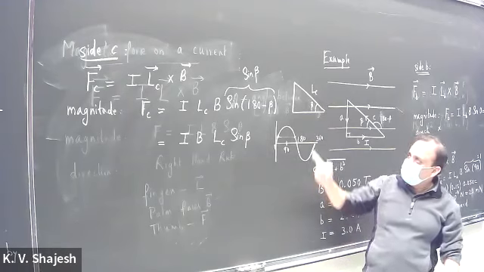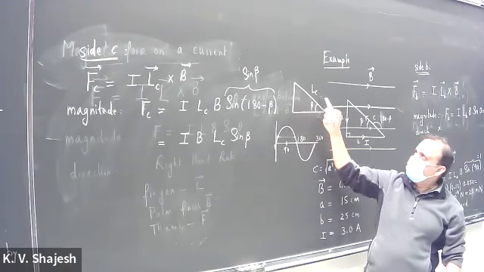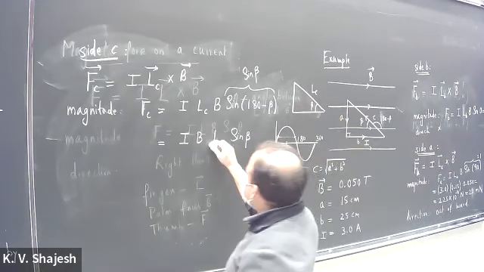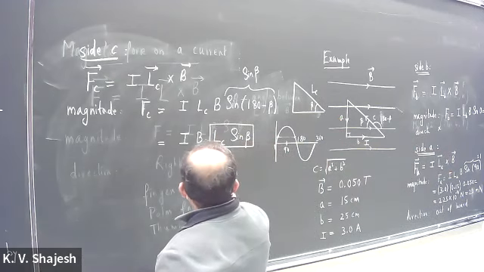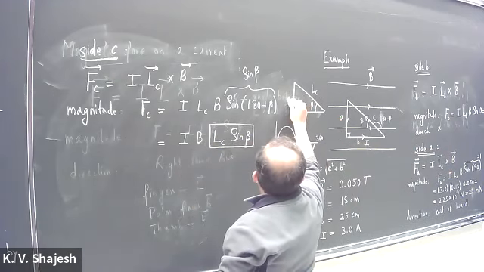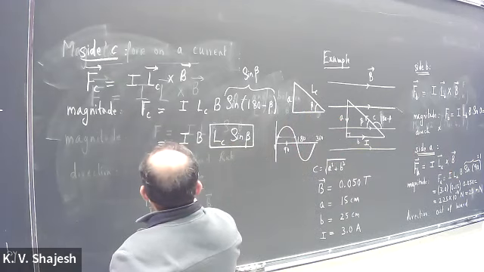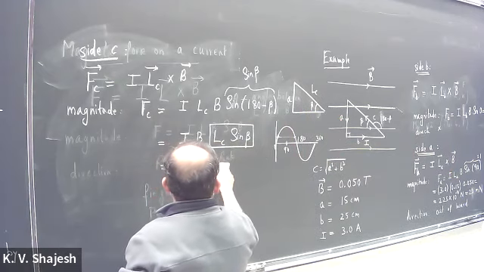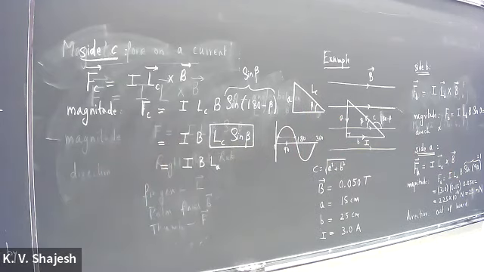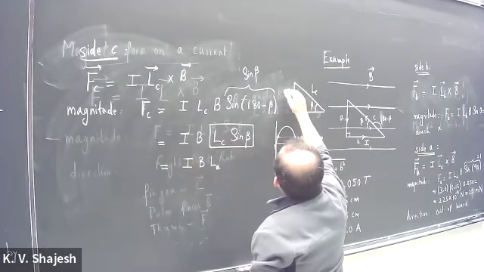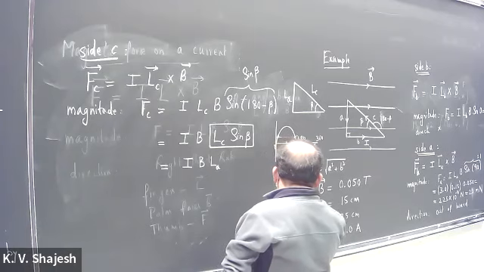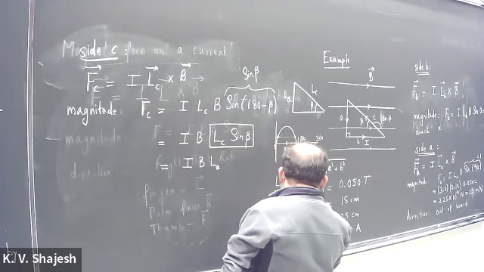So the hypotenuse times the sine of beta is actually the opposite side. That will be your side A. So this is the same as I times B times LA. Is that clear? LA over LC is sine of beta, which means that LA is equal to LC times sine of beta.